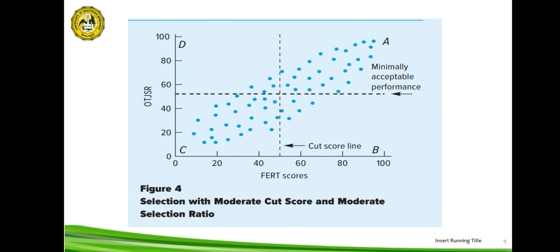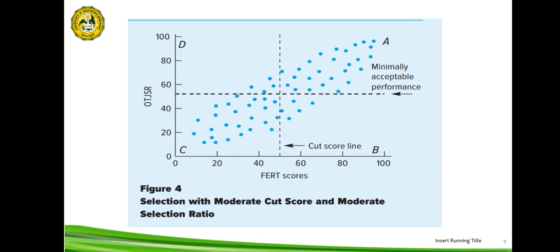So this means that slightly more than half of all applicants will be hired based on the use of 48 as the SCAT score. So, ang selection ratio in this part is 0.517, which is a moderate one. So, the cut score set at 48 effectively weeds out many of the applicants who won't receive acceptable performance ratings.